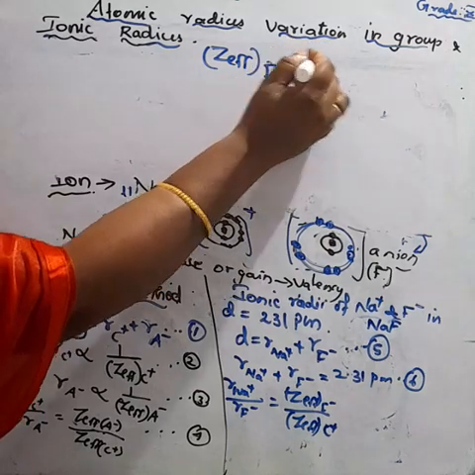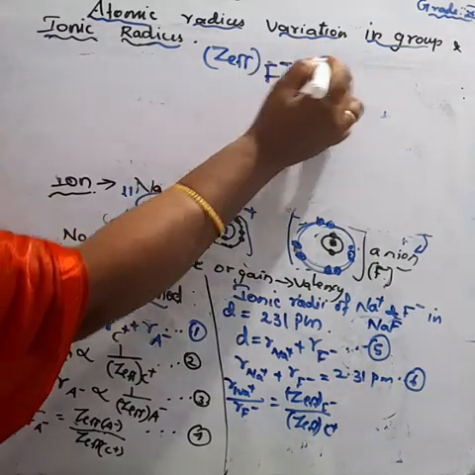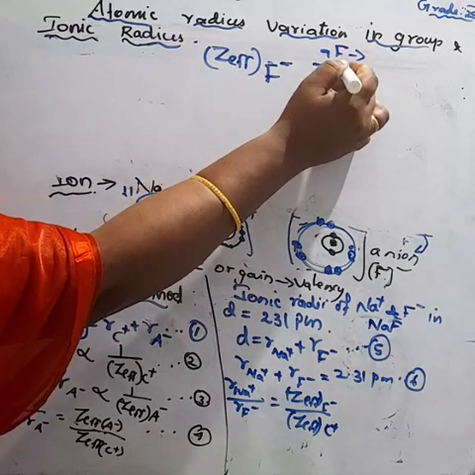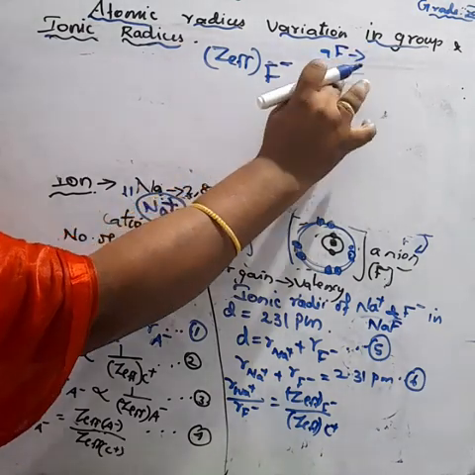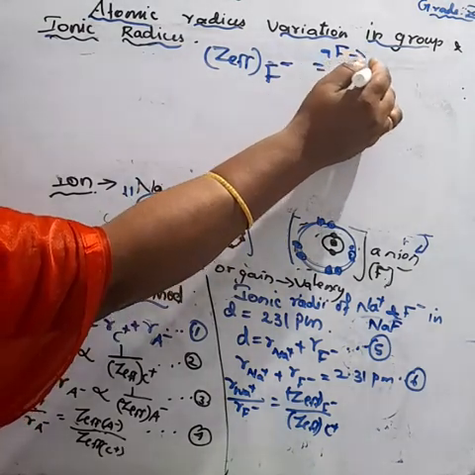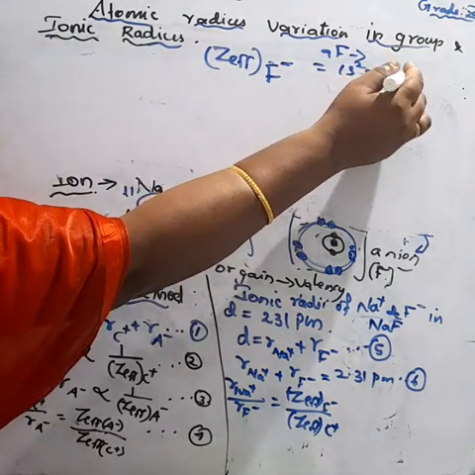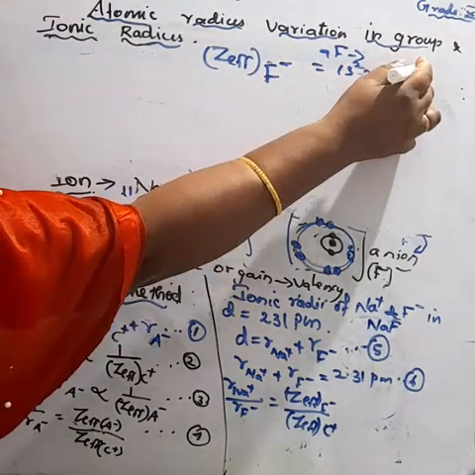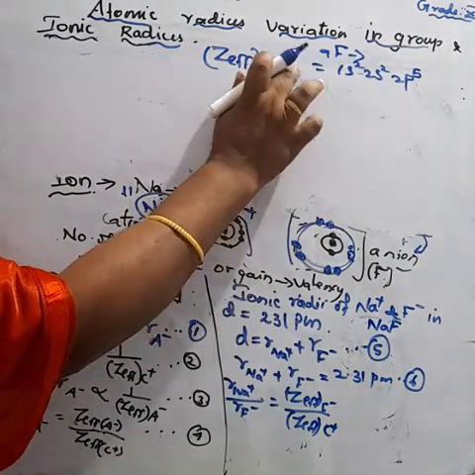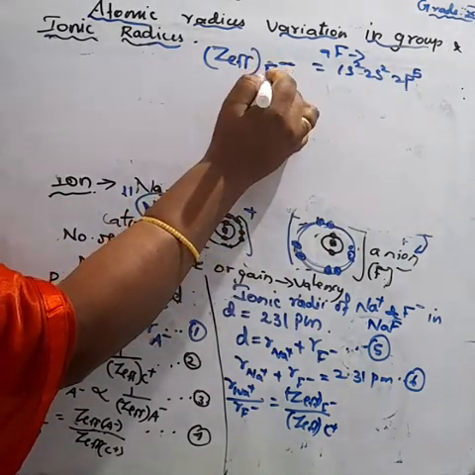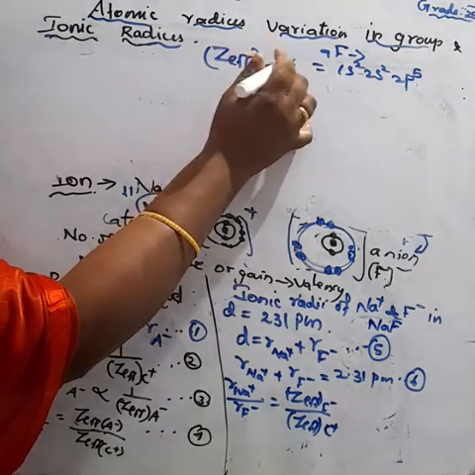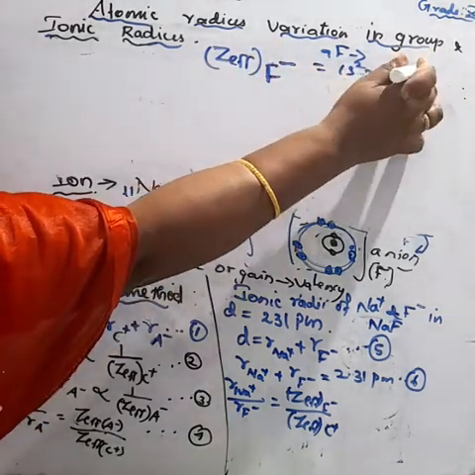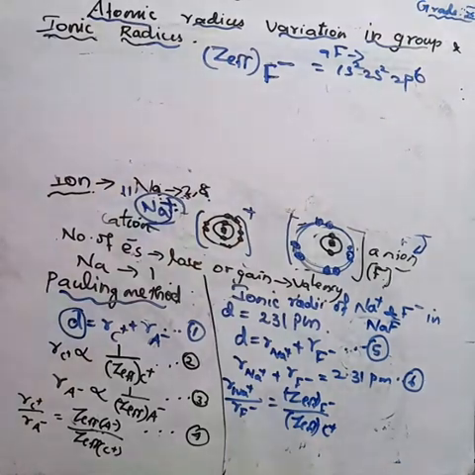The atomic number for fluorine we know is 9, so the electronic configuration is 1s2, 2s2, 2p5. But here we are calculating the effective nuclear charge for the fluoride ion, F-, so it has one extra electron. The extra electron is added to the p orbital. So we get 1s2, 2s2, 2p6.